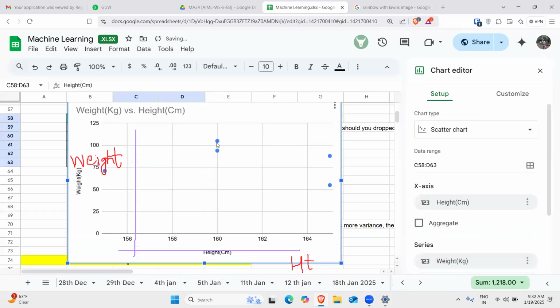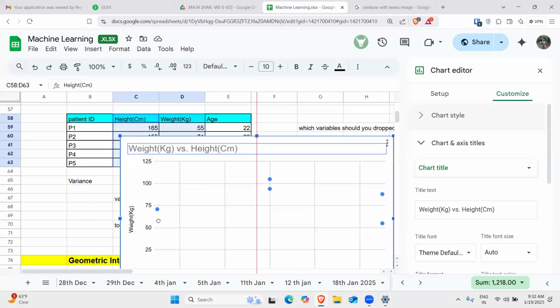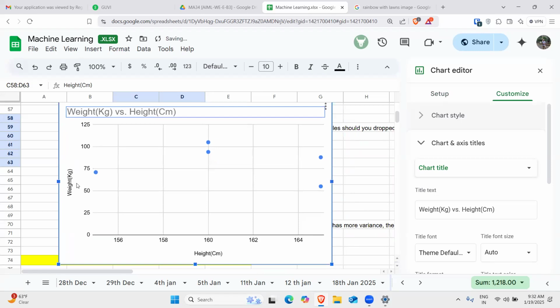This is your scatter plot, right? But is it correct? Height in centimeter, 160, 164. Okay. But in our case, is our variance for weight high or height high? Weight is high, no? Weight.